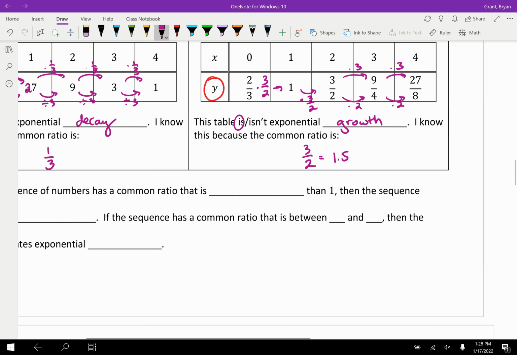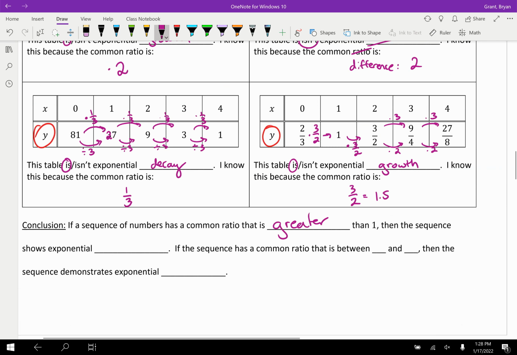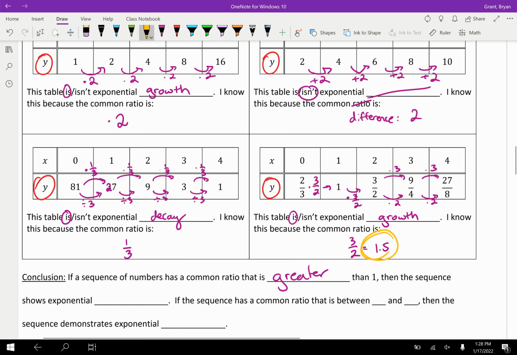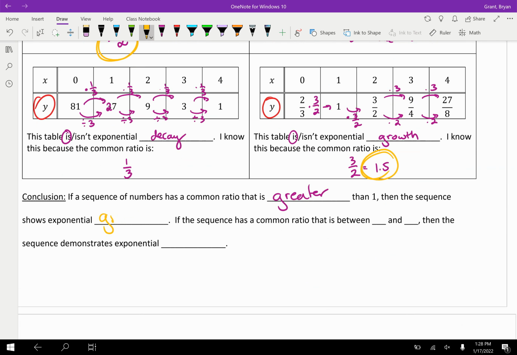In fact, as a conclusion for this page, if you have a sequence of numbers, like our outputs up above, that have a common ratio that is greater than 1, can you see those common ratios that are greater than 1 that we saw up here? These guys, right? Then the sequence shows exponential growth.